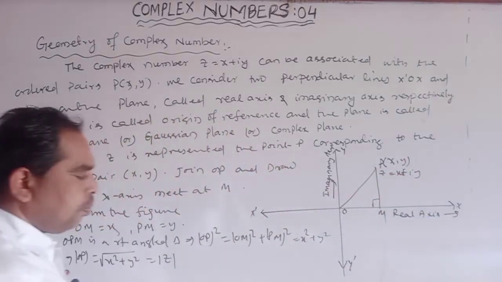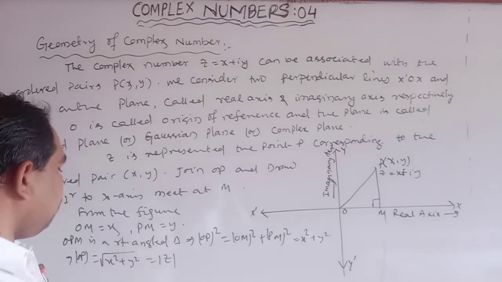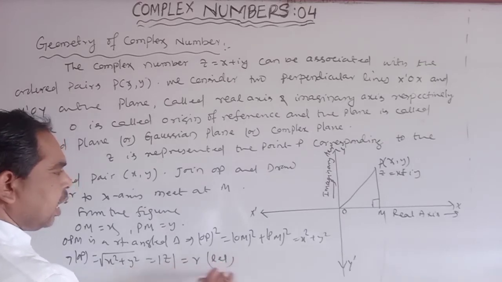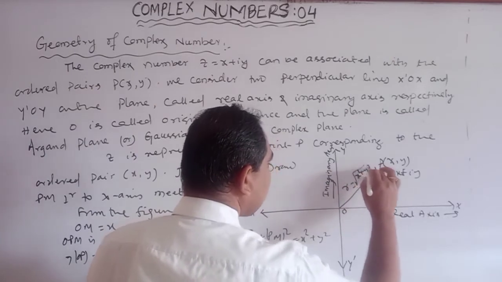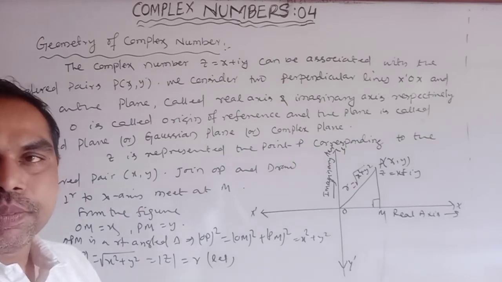So mod of z means the distance OP, distance from the point P to origin O. This is OP length, or OP can be taken as r, small r. r is equal to square root of x square plus y square.